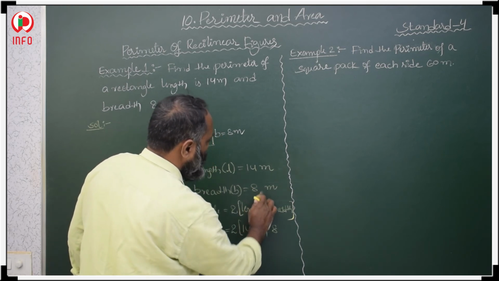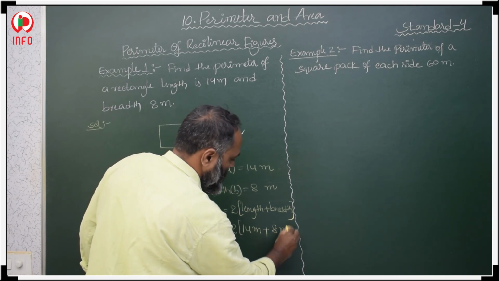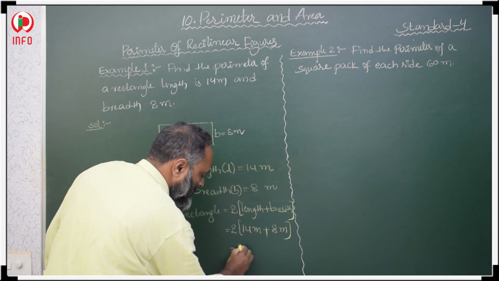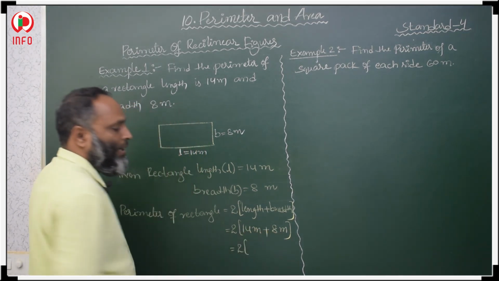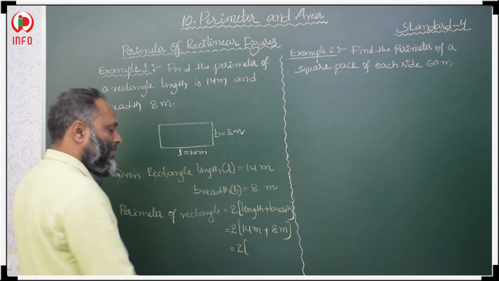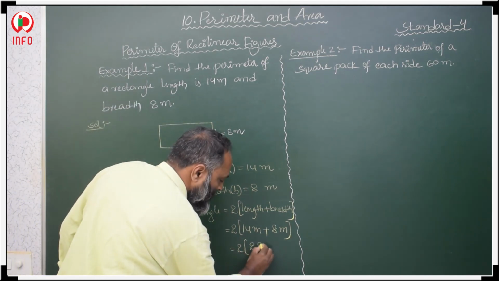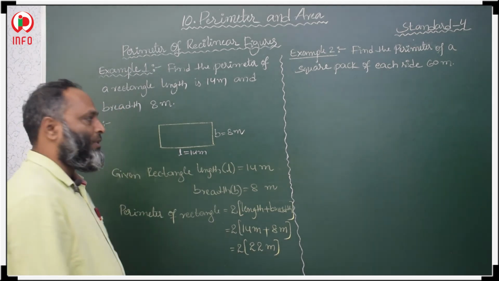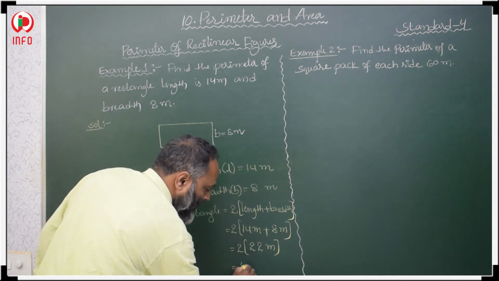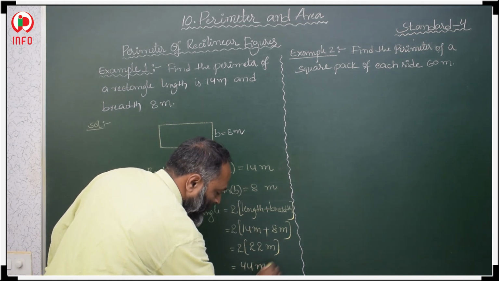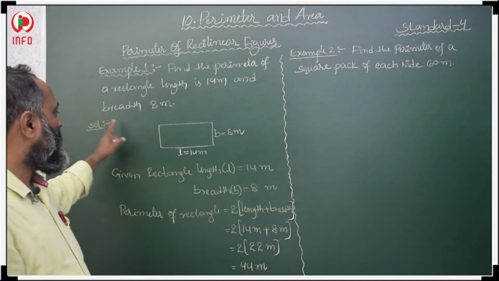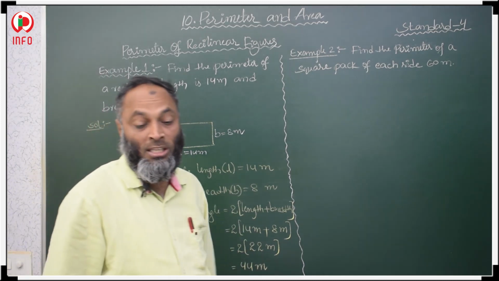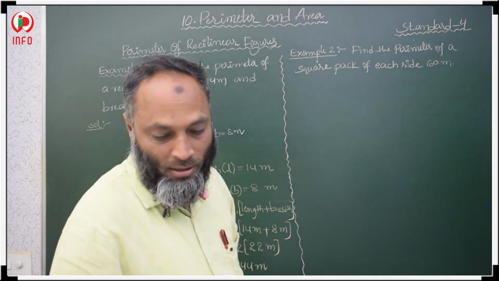Meters is given, not centimeters. So 2 into 14 plus 8, that is 22 meters. 2 times 22 is 44 meters. This is the perimeter of this rectangle. In this way we should find the perimeter of a rectangle.